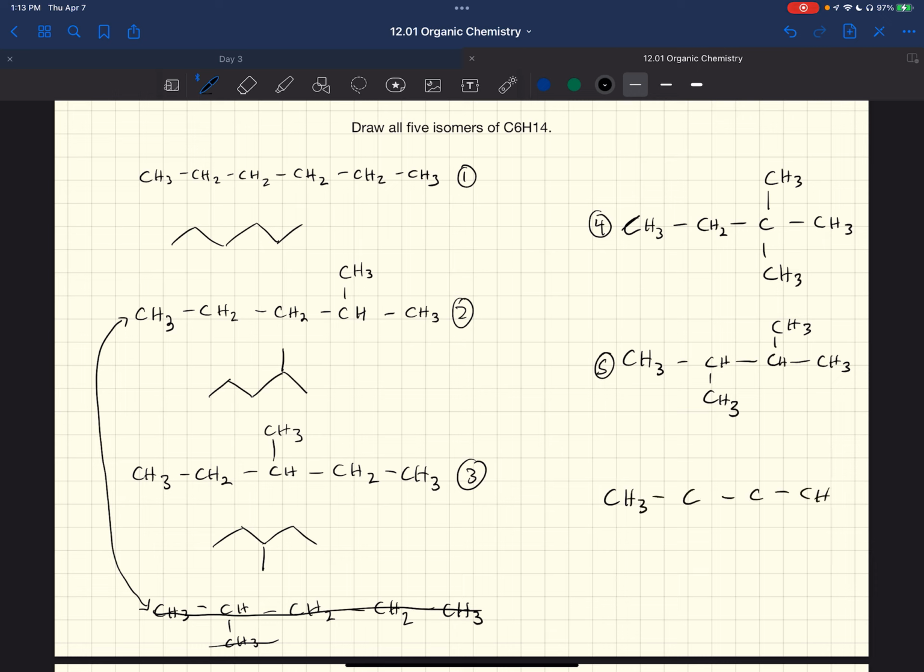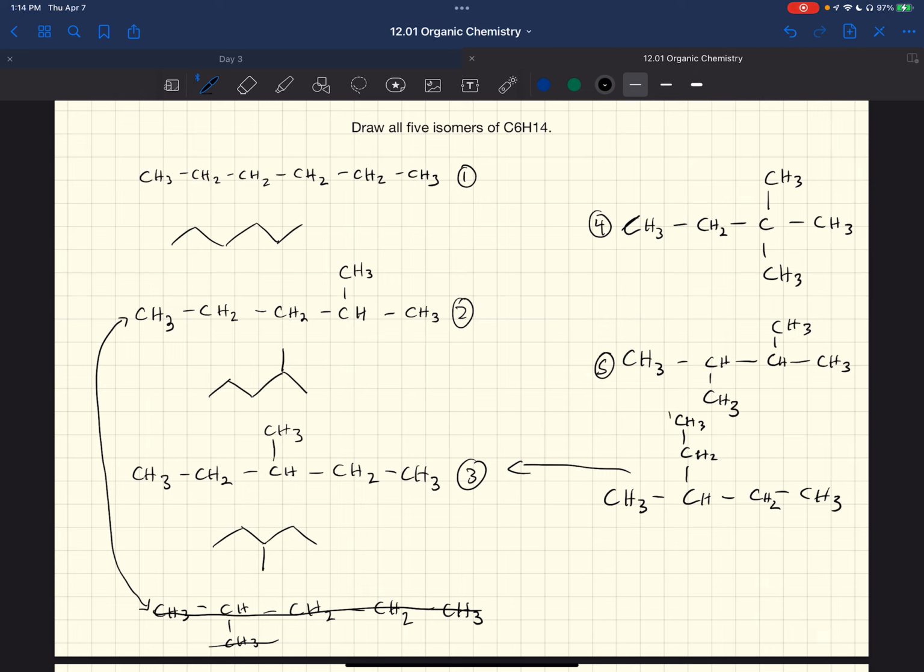Now, just to kind of prove something, the other thing that I could do is take those 2 carbons and put them into one thing where I go like this. So this is CH3, CH2, that's CH, CH2, CH3. Now, this one's going to be a little harder to see, but this one is that compound, right?